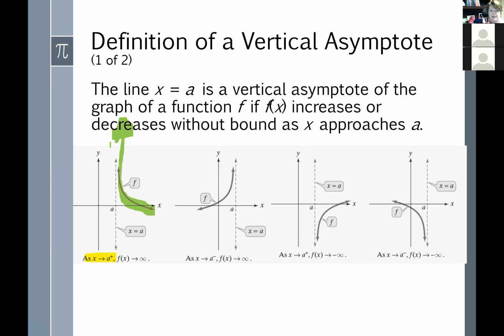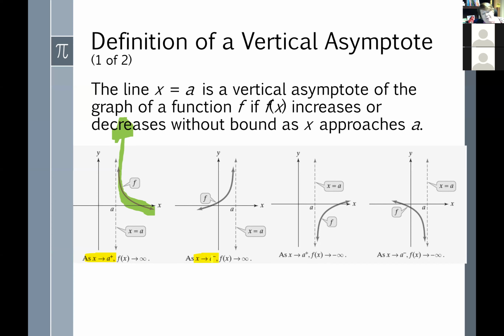Now this next graph to the right, we're showing a graph that's approaching from the negative direction. And that's what that superscript negative means. As x approaches a from the negative direction, then what happens?